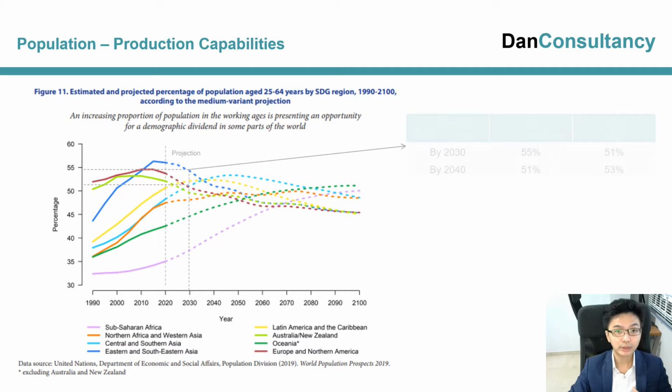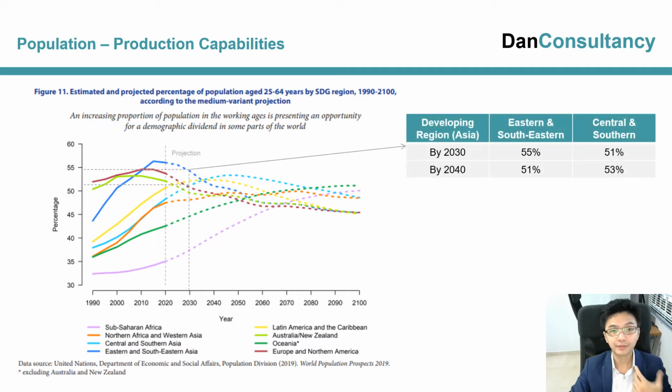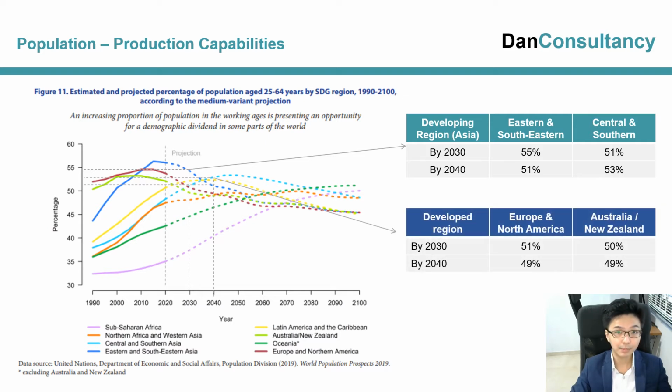Right? By 2030, we are looking at around 55% of working proportion in Eastern and Southeast Asia, and about 51% in Central and Southern Asia. By 2040, we are looking at about 51% in Eastern and Southeastern Asia, and 53% in Central and Southern Asia, right?